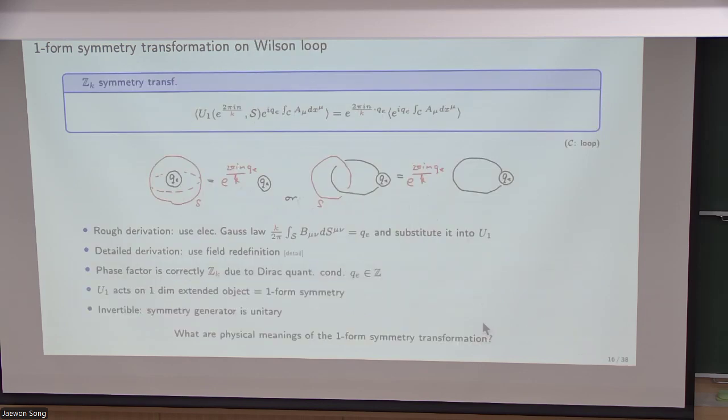It's assumed that it does not wrap around the space. That kind of symmetry generator that are not real cycles.